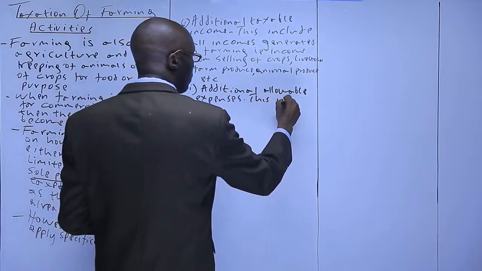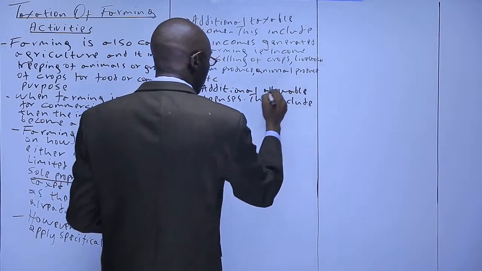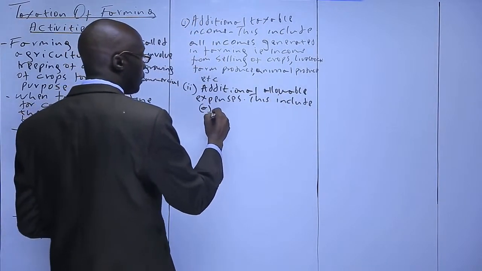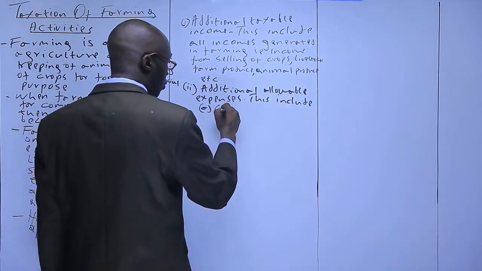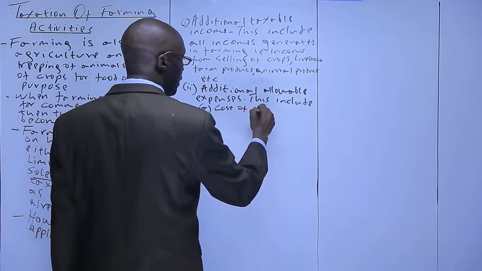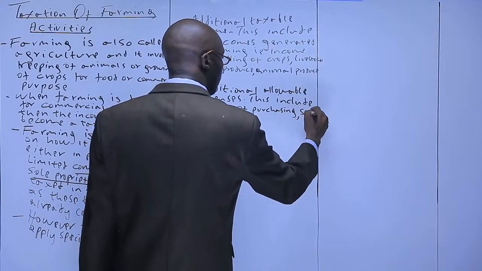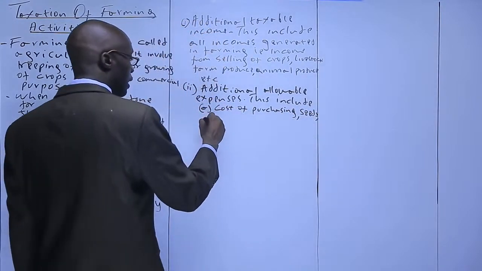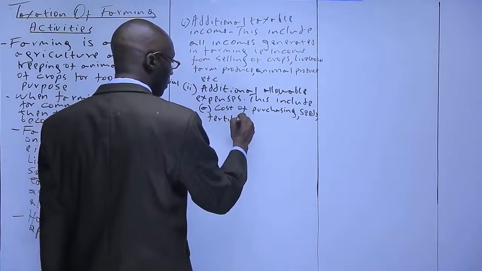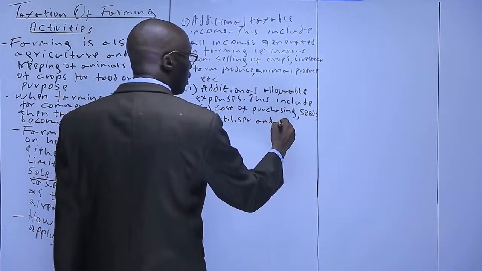This includes: A, costs of purchasing seed, fertilizer, and livestock.